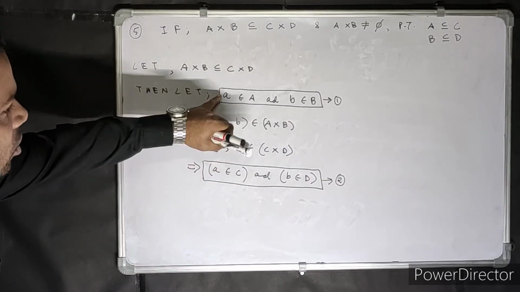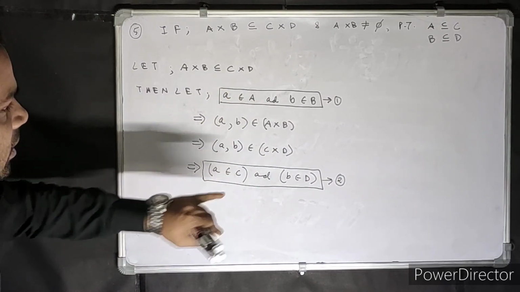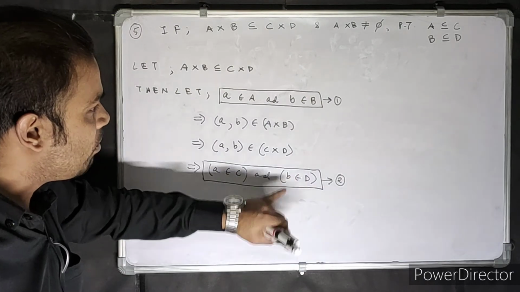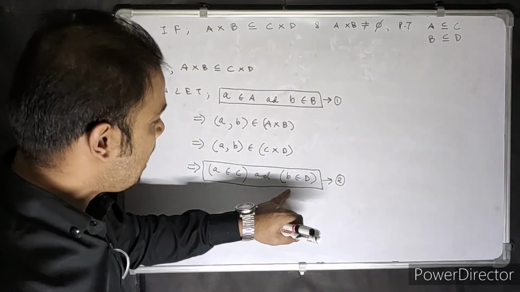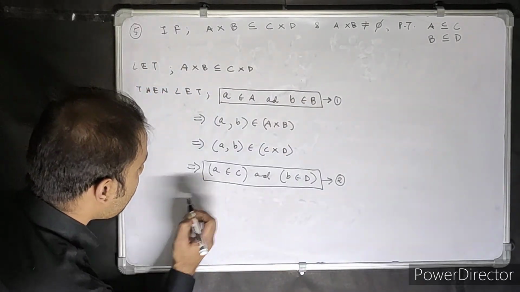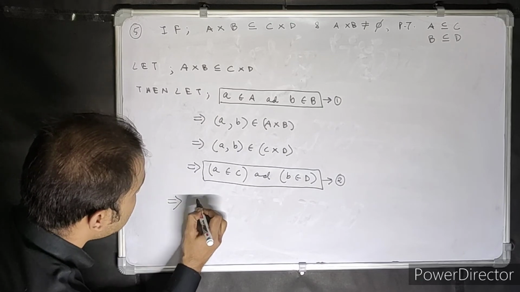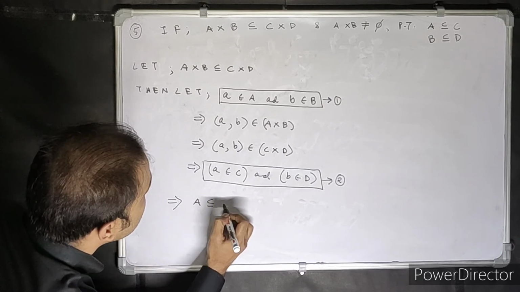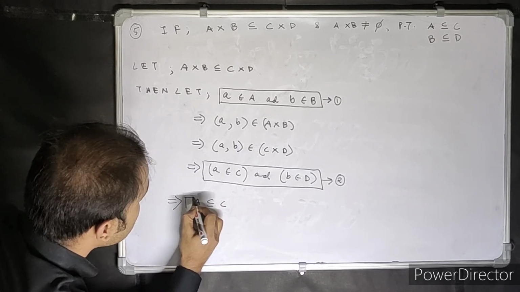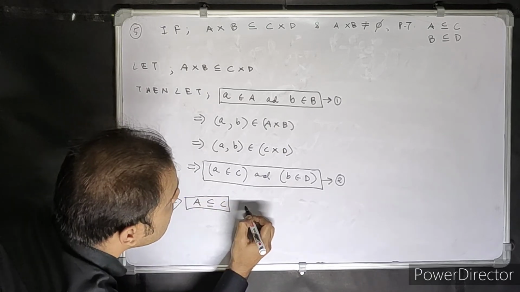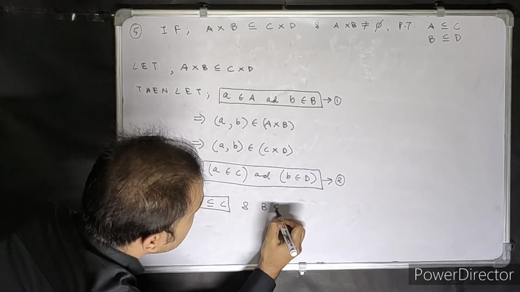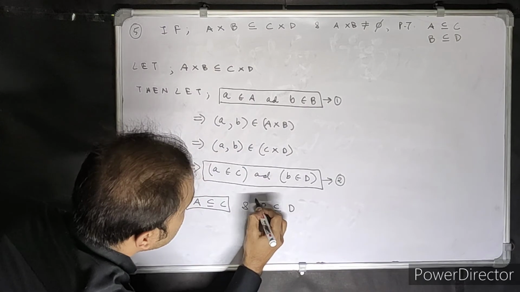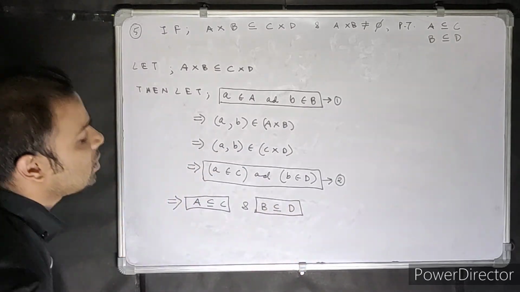This element a belongs to set A and also set C. b belongs to set B and also D. So now from here we can write, which implies that A is a subset of C and B is a subset of D. That's it for this question.